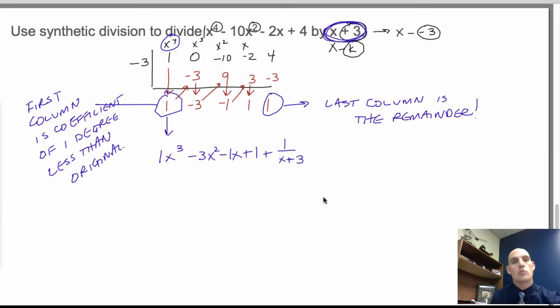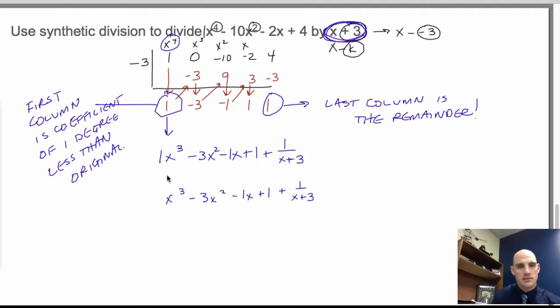That's my remainder there. And so my answer of x to the fourth minus 10x squared minus 2x plus 4 when I divide it by x plus 3 is x to the third minus 3x squared minus 1x plus 1 over x plus 3.